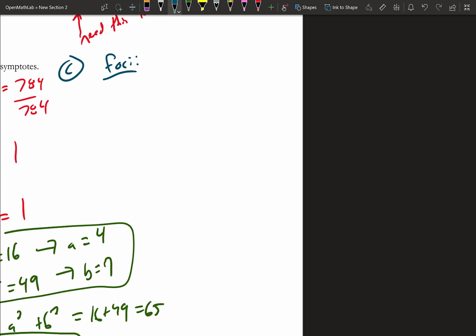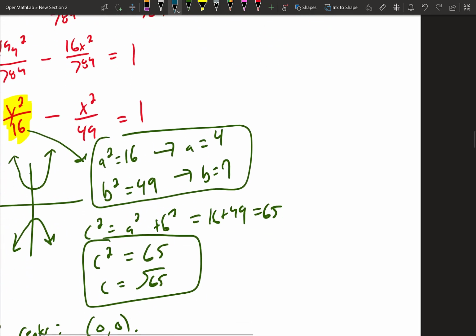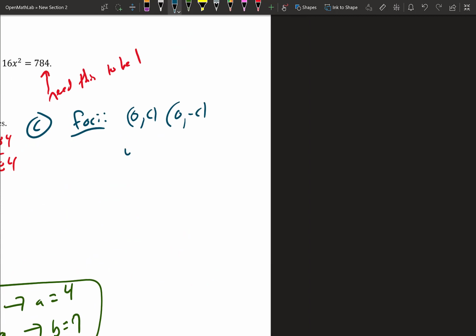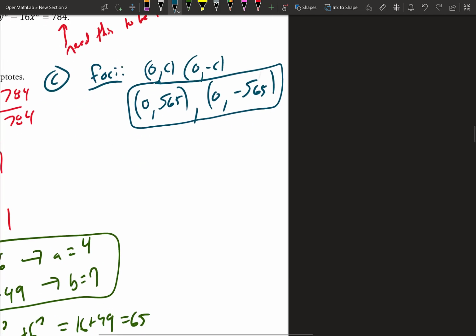The foci are in the form 0 comma c and 0 comma negative c. My value for c was radical 65, so that would be 0 comma radical 65 and 0 comma negative radical 65. So there's the foci.